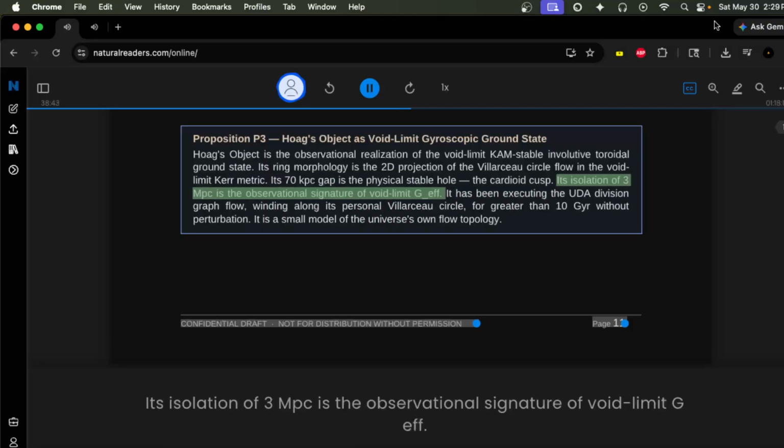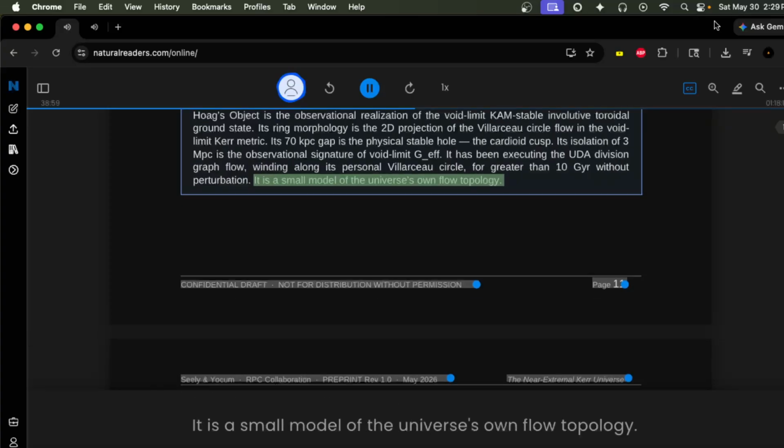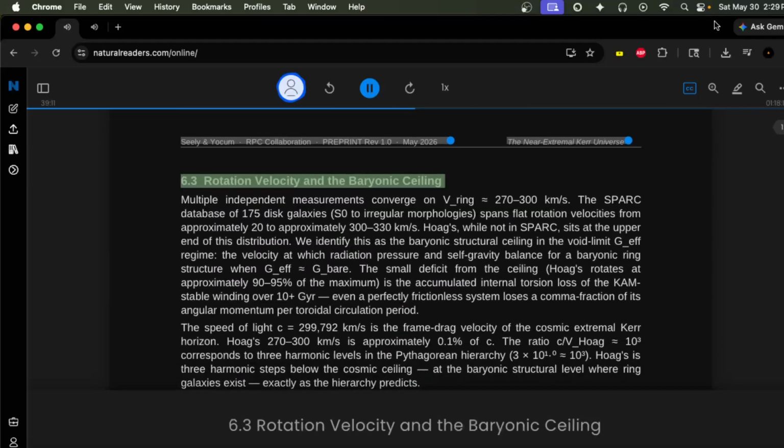Its isolation of 3 Mpc is the observational signature of void limit GF. It has been executing the UDA division graph flow, winding along its personal Villarceau circle, for greater than 10 Gyr without perturbation. It is a small model of the universe's own flow topology.